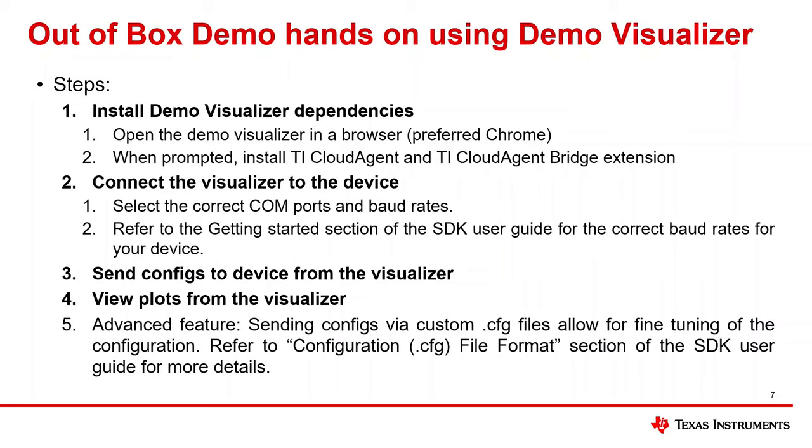After that part is done, you can connect the demo visualizer to the device by providing the correct COM ports and baud rates for the device. The baud rates for your particular device can be found in the SDK user guide. After the EVM has been connected to the demo visualizer, configs can be sent from the visualizer, and the device will start responding with data, and these plots can then be visualized from the visualizer.